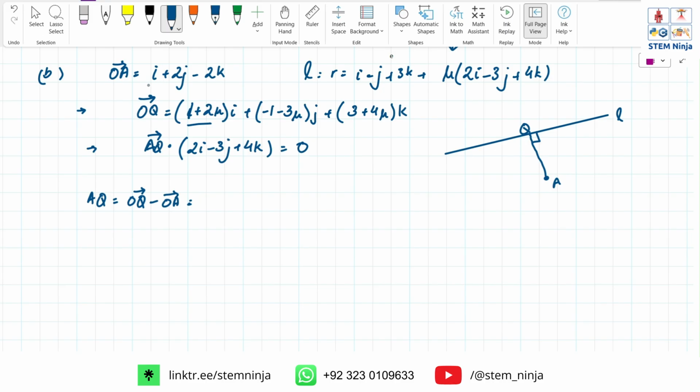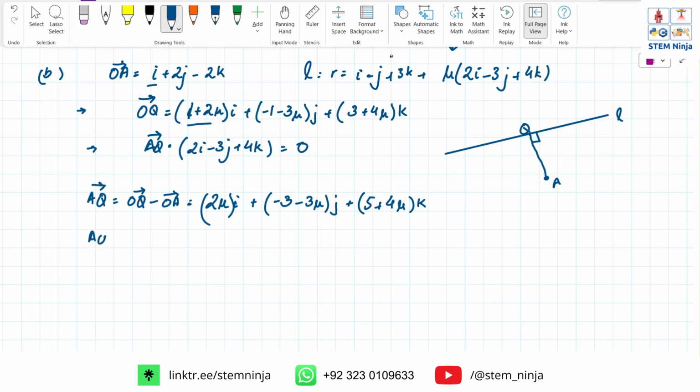So OQ minus OA, so 1 plus 2 mu minus 1, that just becomes 2 mu I. Then we have minus 1 minus 3 mu minus 2, that will become minus 3 minus 3 mu j, and plus 3 minus 2, so that would be 5 plus 4 mu. Okay. So this is our AQ.